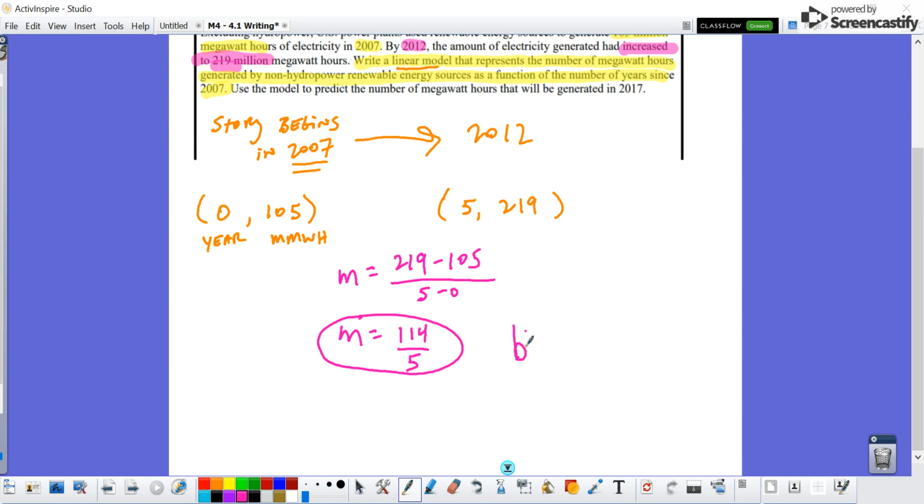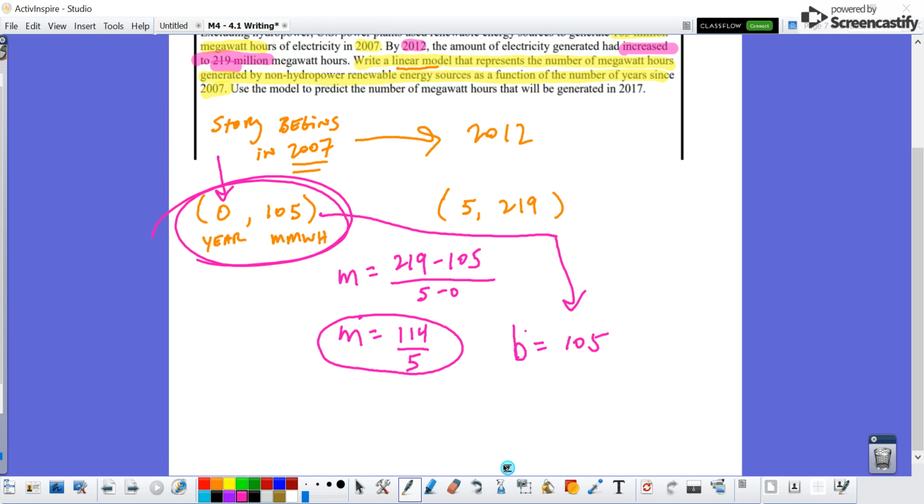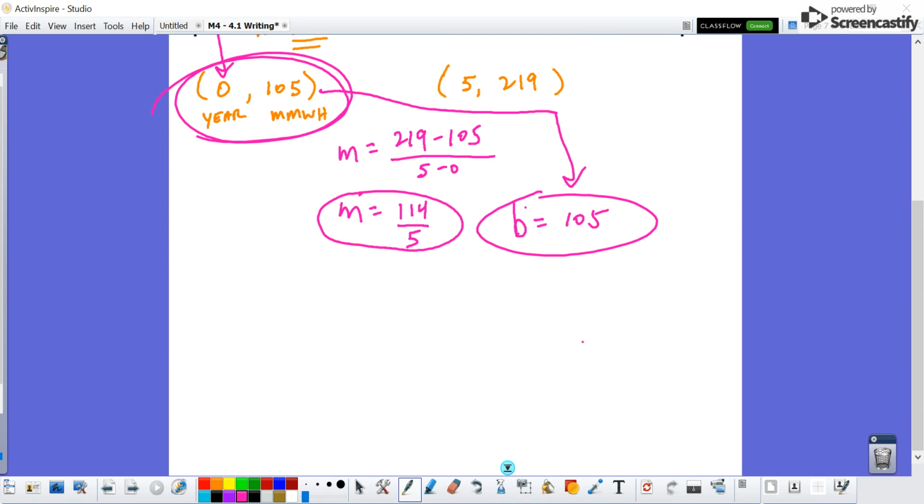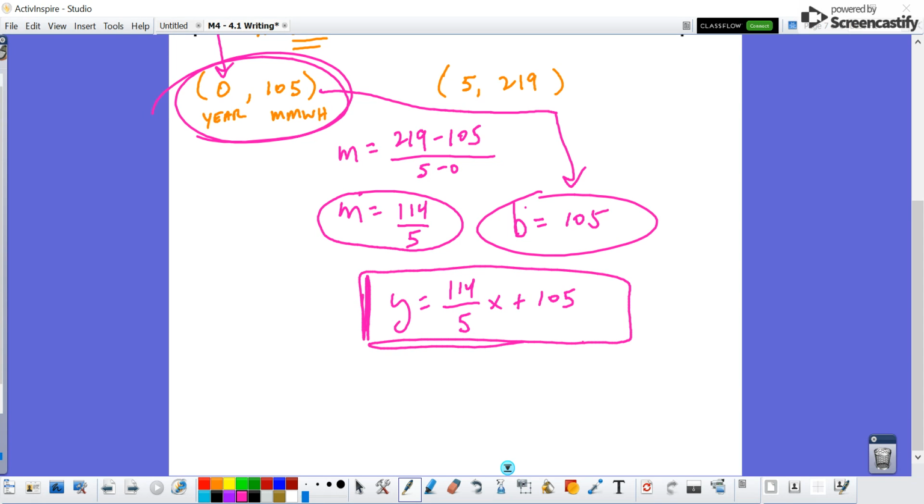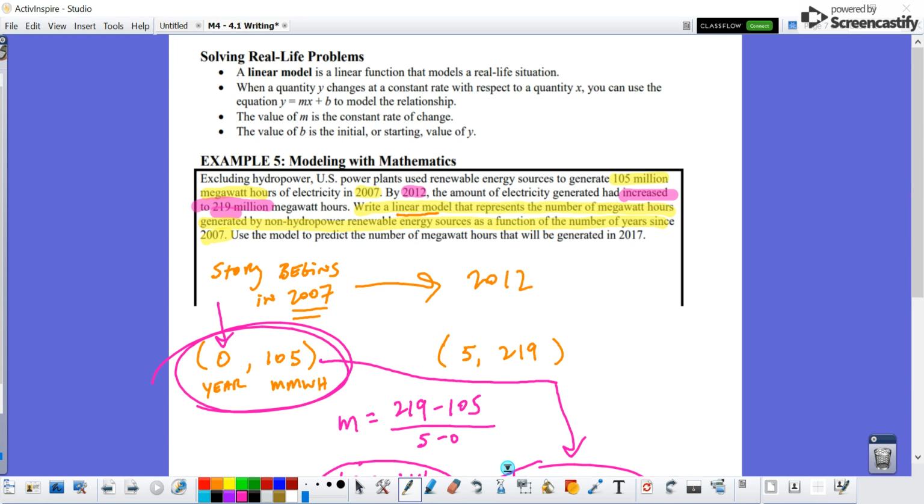And hopefully we know from the homework on Wednesday, you checked your homework, the b value is actually stated here already for us because the x is 0. That's my y-intercept. So 105 is actually the b. So I have m and I have b. Now I'm looking at my equation being y equals 114 fifths x plus 105. There's the model.